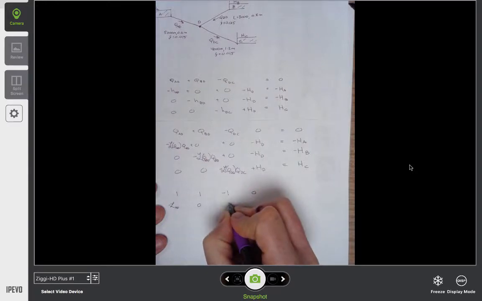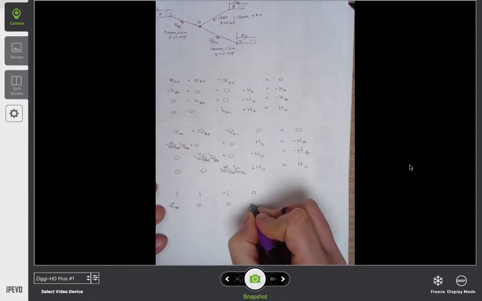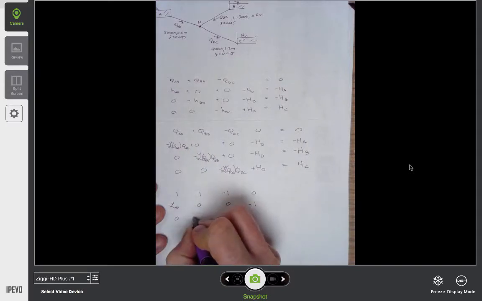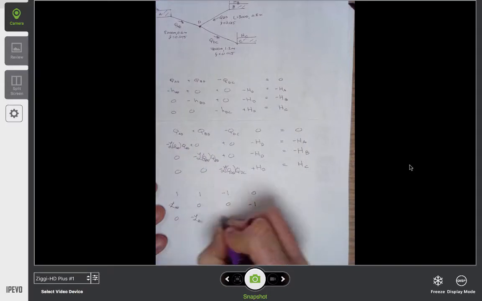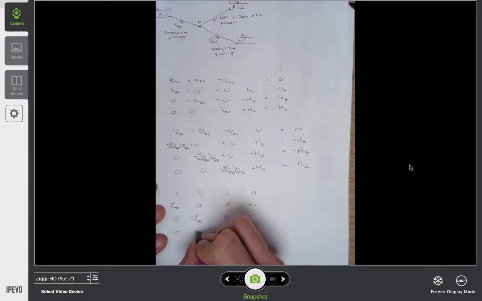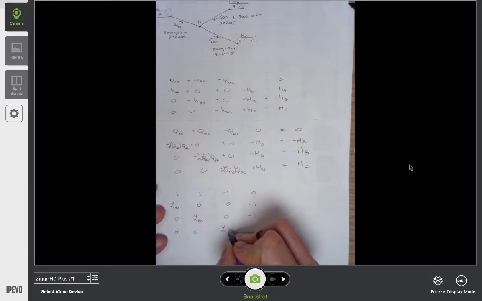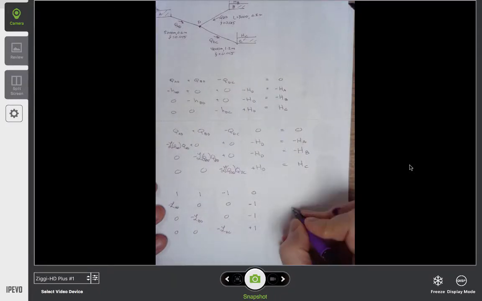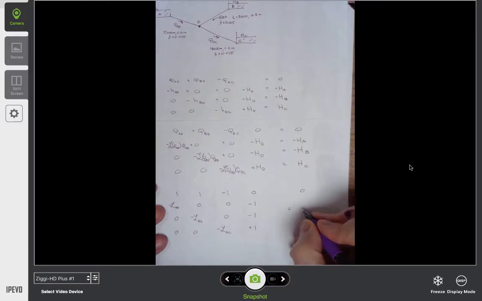Then 0, minus 1, 0, minus LBD, 0, minus 1, 0, 0, minus LDC plus 1 equals 0, minus HA, minus HB plus HC.